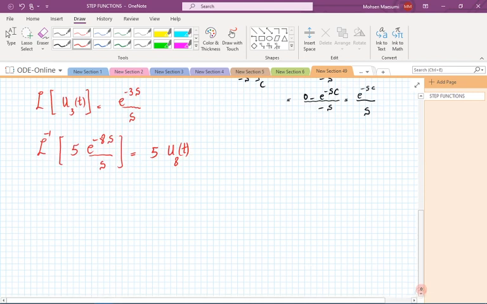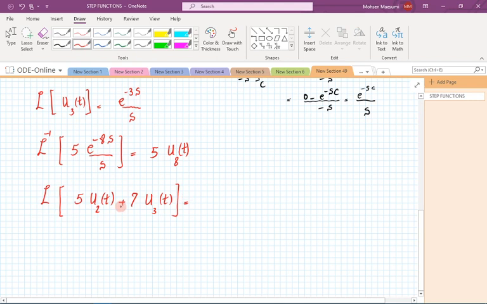And of course we still have the linearity as before, so we can have multiple switches in our system. Let me make it straightforward. So I can have, for example, 5 u2 of t plus 7 u3 of t.